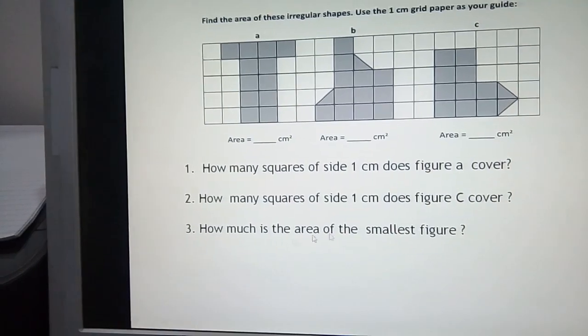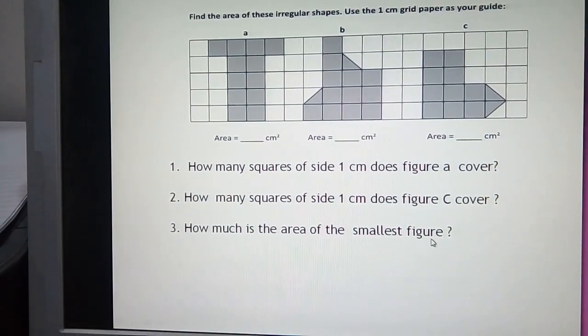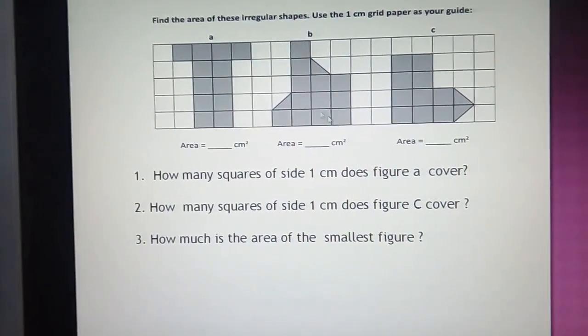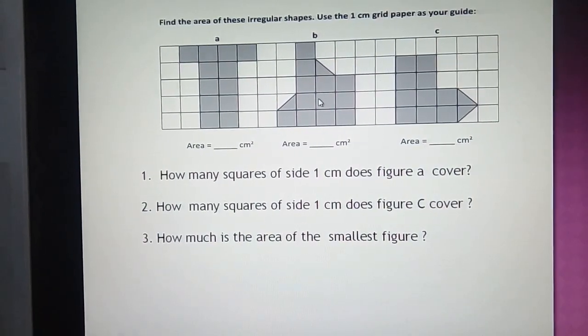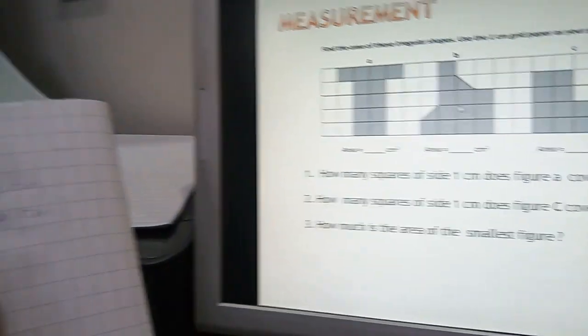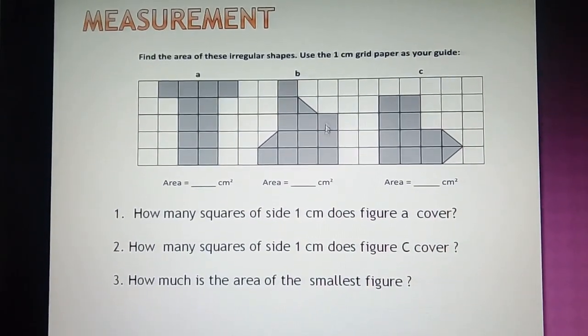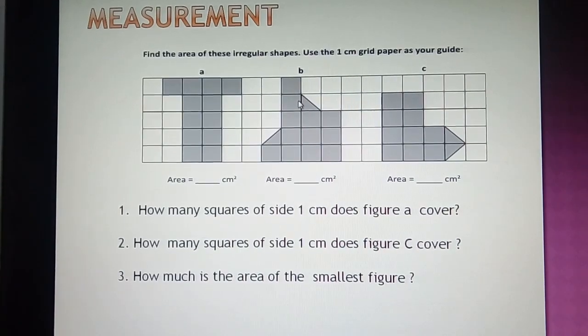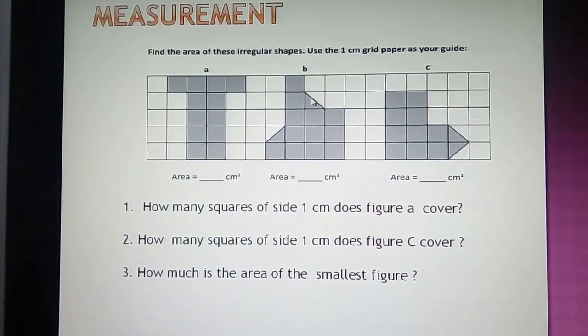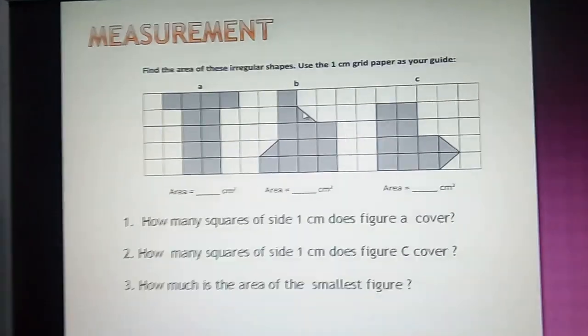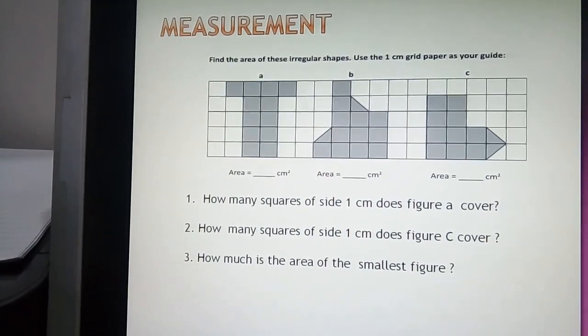Now question number 3, how much is the area of the smallest figure? So we have to calculate the area of figure B also. So see children, 5, 6, 7, 8, 9, 10, 11, 12 and 2 halves means 1, 12. 12 square centimeter.